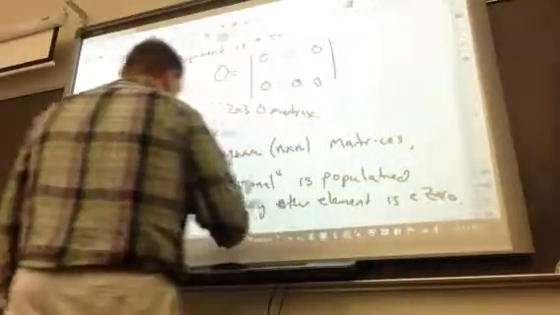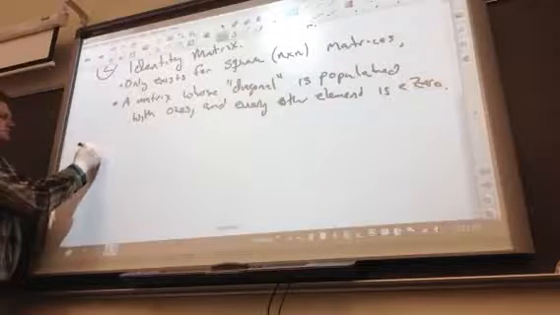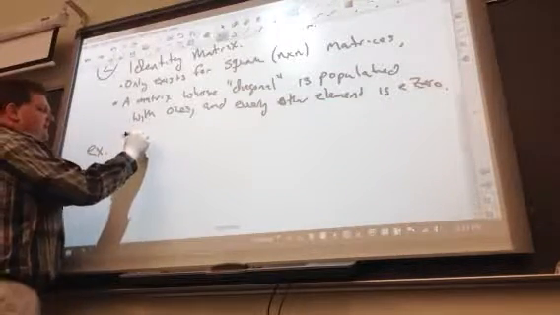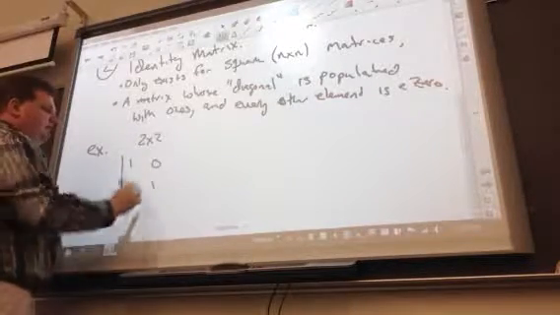So an example of that, what I mean by that: the 2x2 identity matrix would be 1, 0, 0, 1.